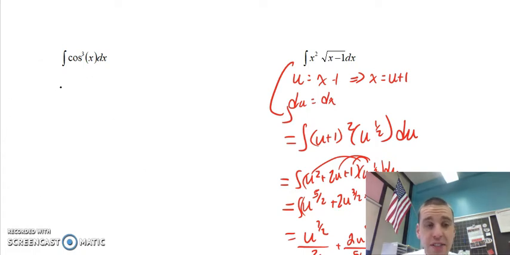And so as I've said before, when it doesn't work out, what is something that we can do to rework the problem, make it look something different, so that we can get u substitution to work? Well, the only way we know how to rework cosine cubed x is maybe write it as we did above, as the integral of cosine squared x times cosine x dx.